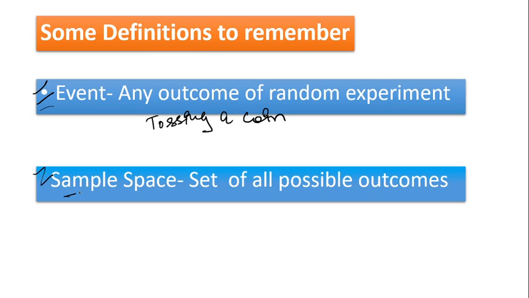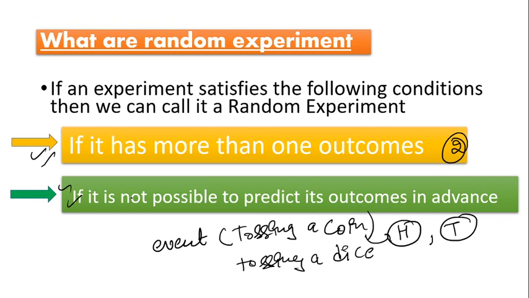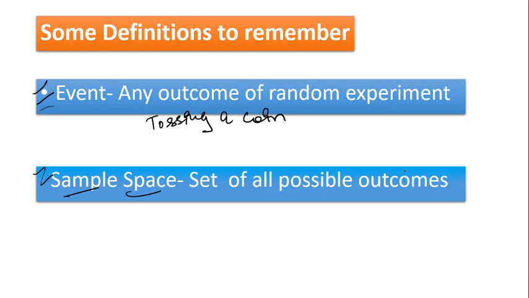Second definition is sample space. What is called sample space? When an event occurs, it has more than one outcome, and the collection of all these possible outcomes is considered the sample space.